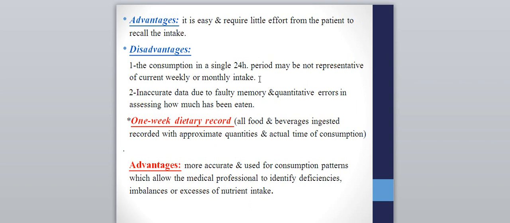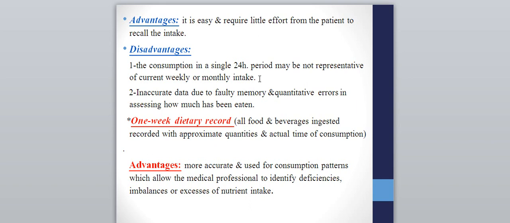It doesn't give an idea about the food taken through the last month or the last week. And it gives inaccurate data due to faulty memory. Sometimes the person cannot remember what he took through the last week or the last month, and there is even a quantitative error in assessing how much has been eaten.